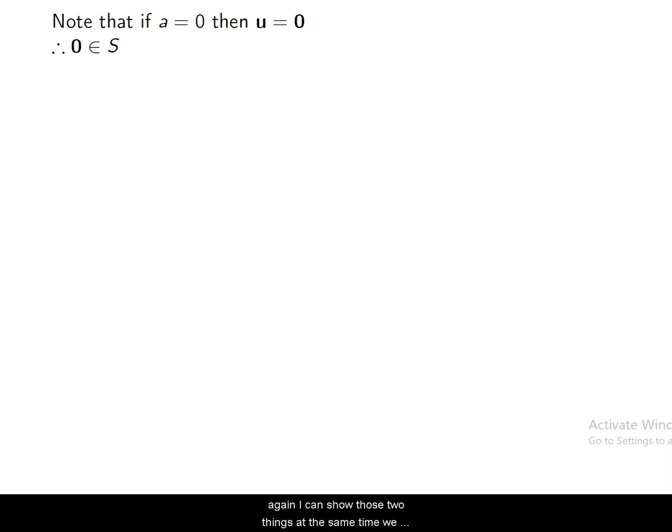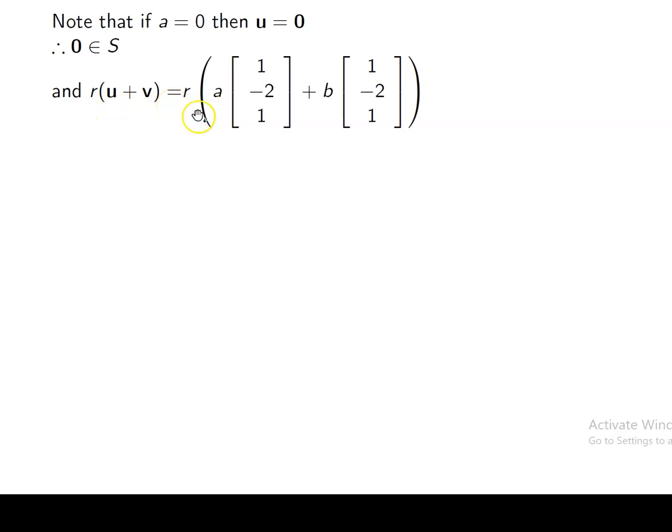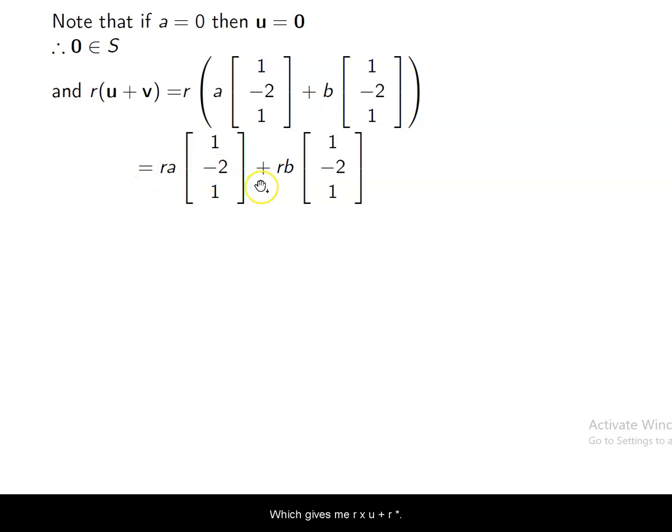And again, I can show those 2 things at the same time, which we will do here, right? So if I have R times U plus V, okay, then that's going to look like R times my U plus my V, okay, which gets me R times U plus R times V, right?